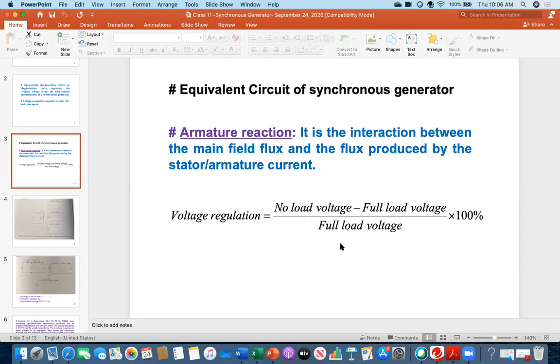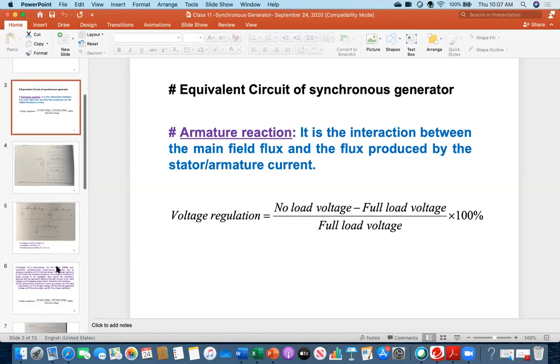The expectation is that the voltage regulation value will be like 10% or 15%, not more than that. Today we will be solving a problem, and you will notice that the voltage regulation value is very high, I think more than 50%, which is called poor regulation. So the expectation is that this difference is low, and only then will you get a low voltage regulation value.